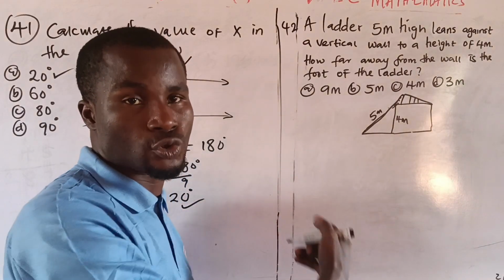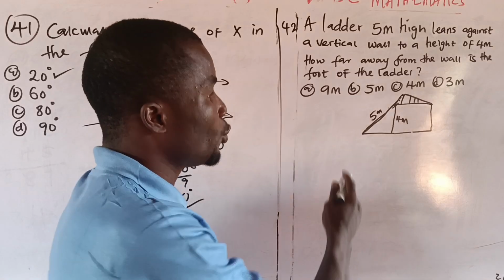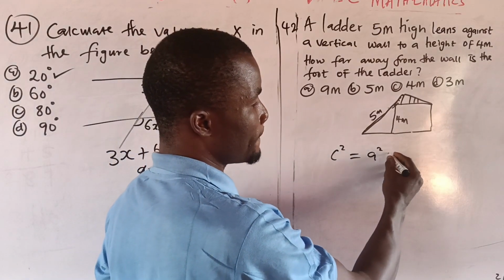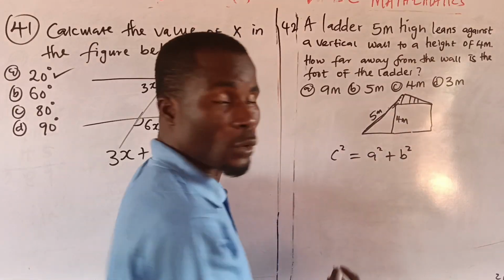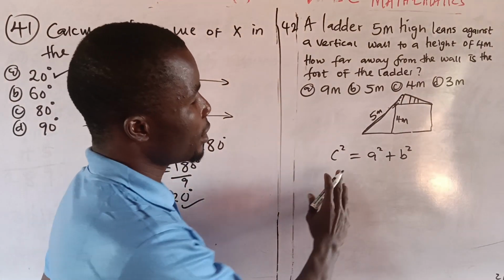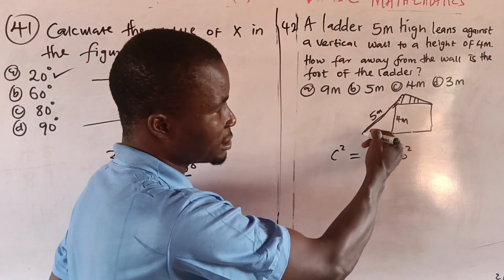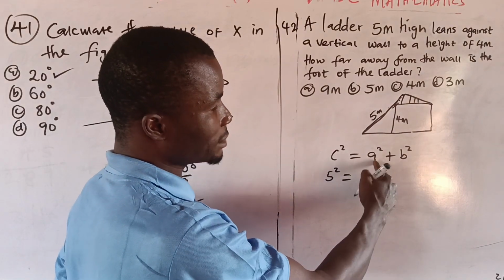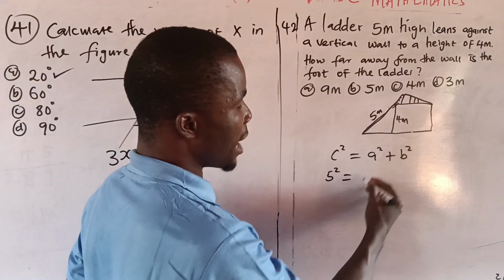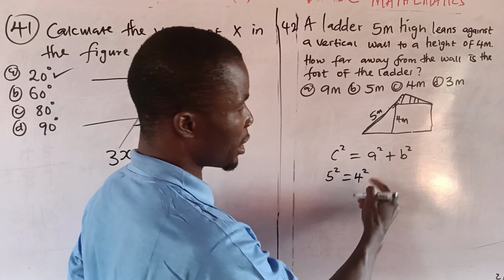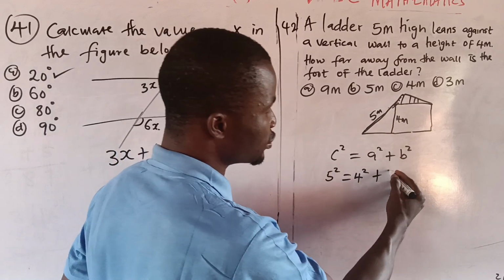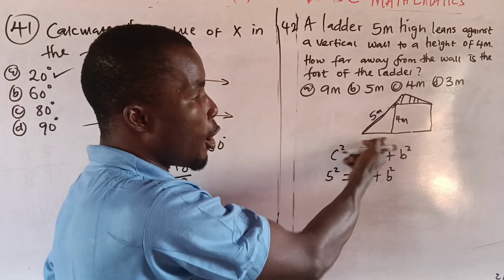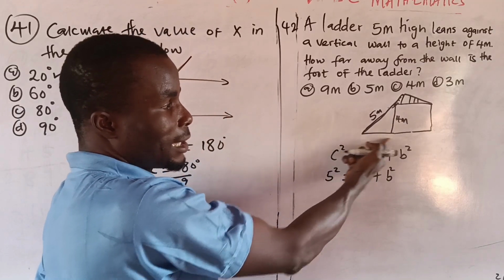So this will lead us to Pythagoras theorem, which is c squared equals a squared plus b squared. Right now we are given the hypotenuse, which is 5 squared, and the opposite side is 4 squared, plus b squared, which is not given, the foot or the base of the ladder.